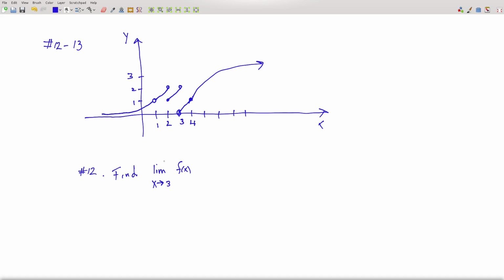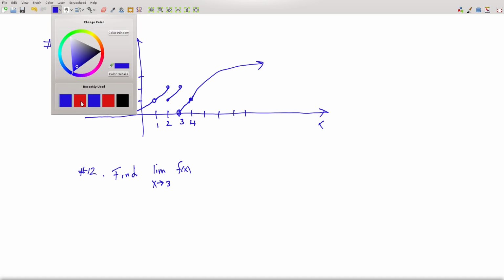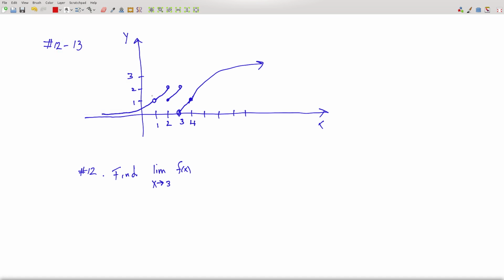Okay, well, let's look at it very carefully and think about what's going on there. I'm going to switch to a different color so I can write on the graph and not confuse you. The blue ink here is the graph itself, and I will be writing on the graph in red to communicate my thoughts as I'm speaking to you.